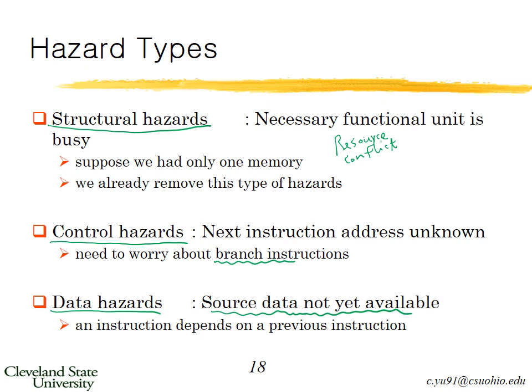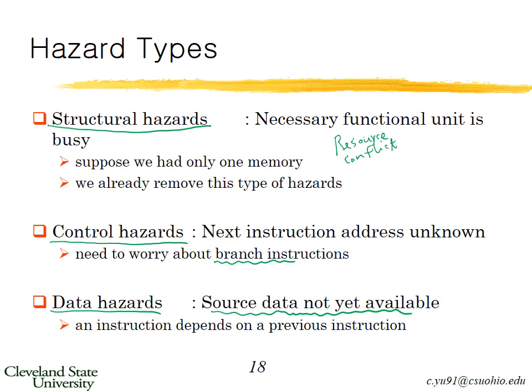There are 3 types of pipeline hazard: structural hazard, control hazard, and data hazard. Data hazard, we already saw: source data not yet available, such as register 11. Control hazard has something to do with the branch instruction. And structural hazard is related to resource conflict.